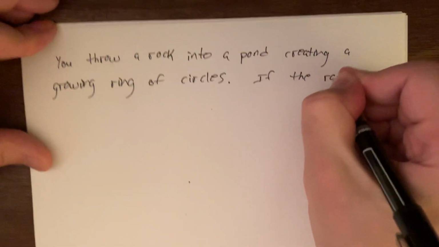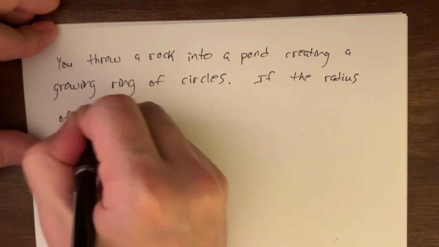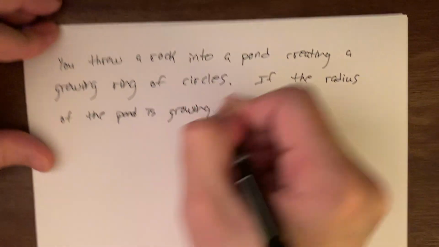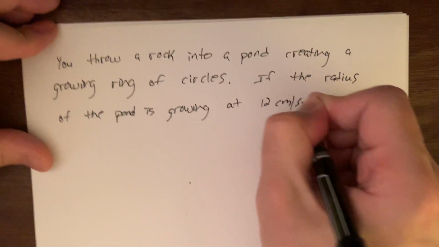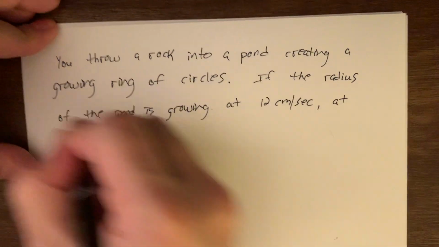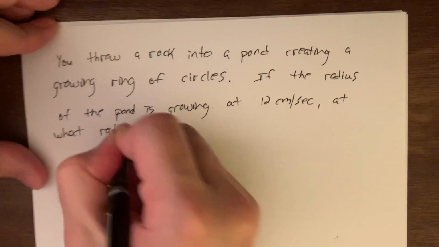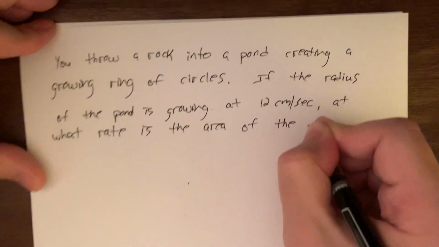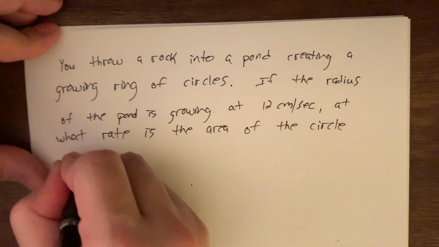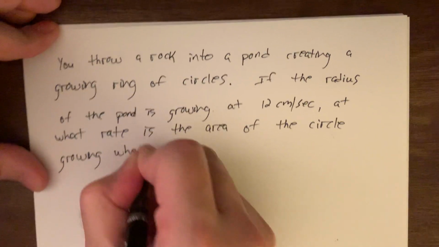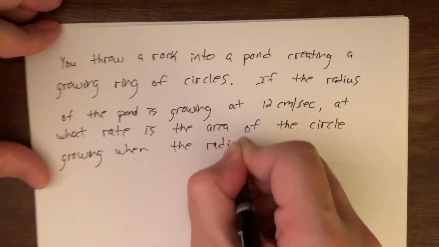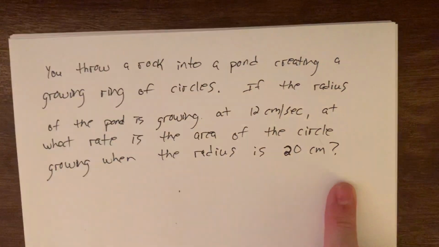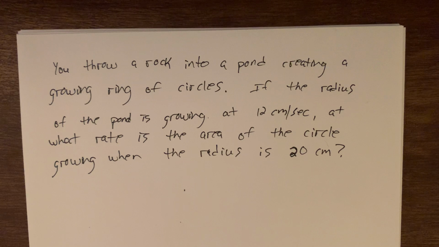If the radius of the pond is growing at 12 centimeters per second, at what rate is the area of the circle growing when the radius is 20 centimeters?